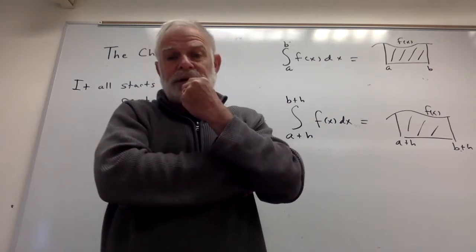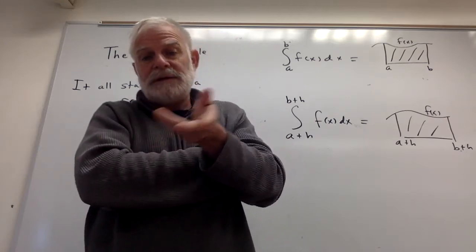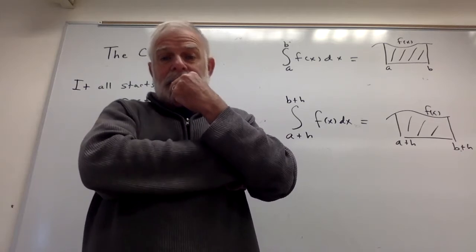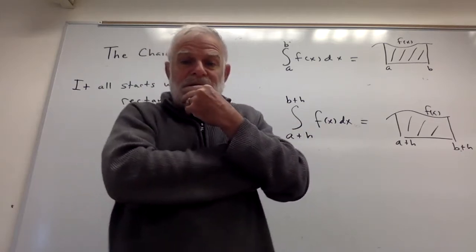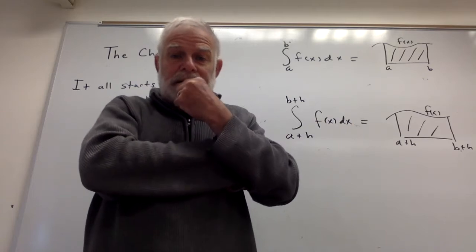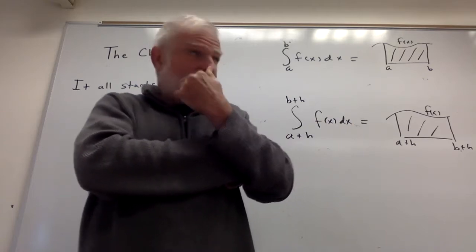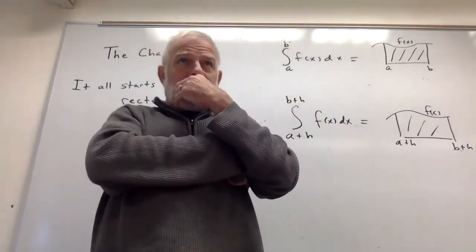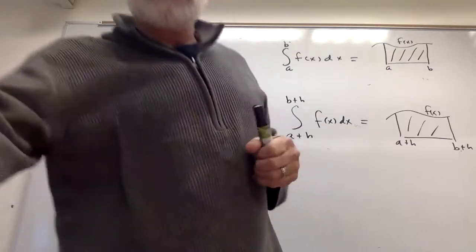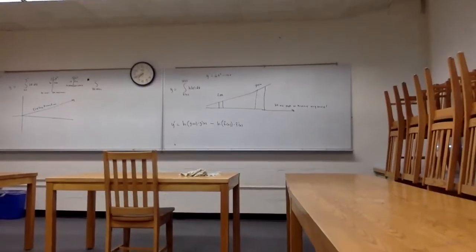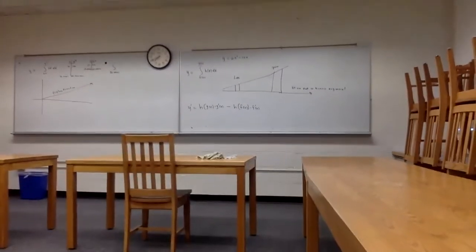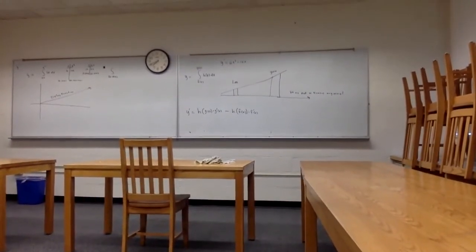For those of you studying in a sequential format, I'm going to have to lay out a little bit of a sense of integration so that we can get at the end result. I'm going to go around the classroom to try to set it up. Our goal is to get on that side of the classroom, and on the bottom you can see y prime is equal to h of g of x times g prime of x minus h of f of x times f prime of x.